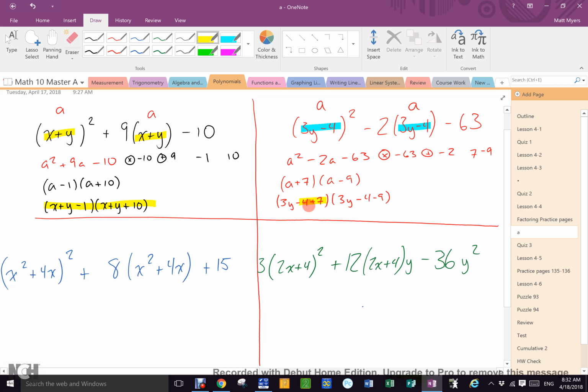Now, did some people get to here? I would like to think so. So this is now 3y. Negative 4 plus 7 is plus 3, correct? And what is negative 4 minus 9? Negative 13.